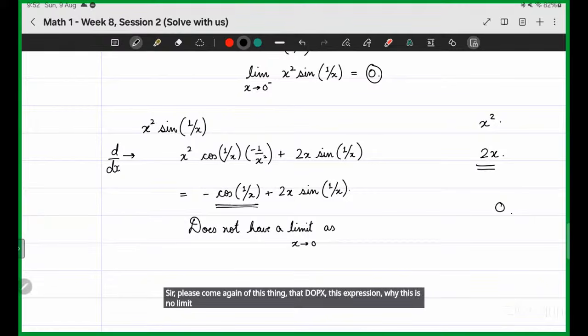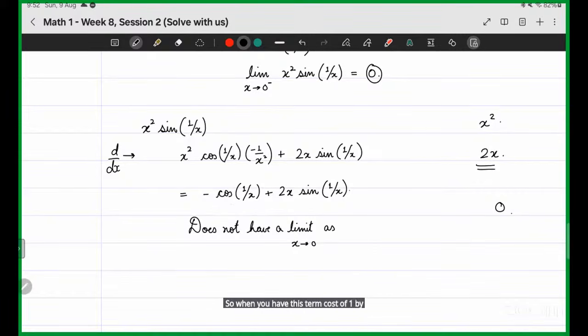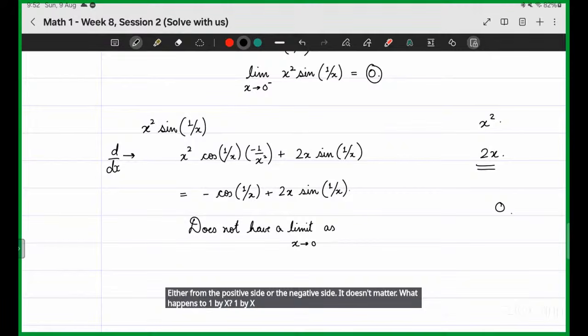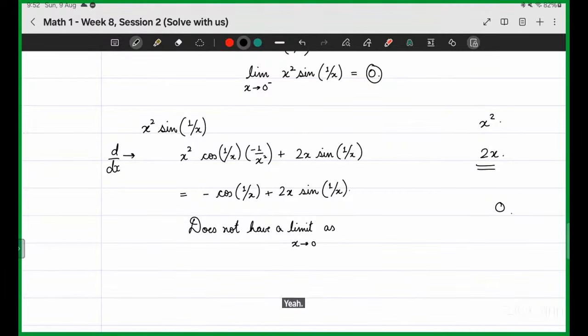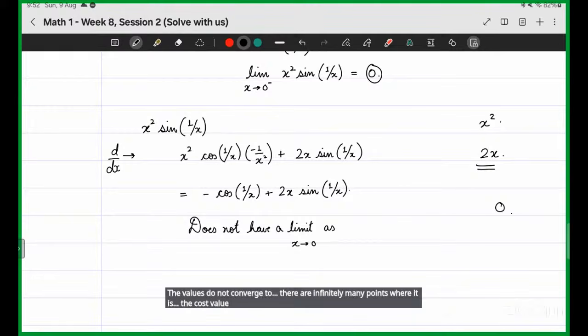Sir, because of this term cos of 1 by x, when you go closer and closer to 0, either from the positive side or the negative side, it doesn't matter. What happens to 1 by x? 1 by x goes to infinity, right? So the values do not converge. There are infinitely many points where the cos value is 0, odd multiples of pi by 2. There are infinitely many places where it is 1, and infinitely many places where it is minus 1.